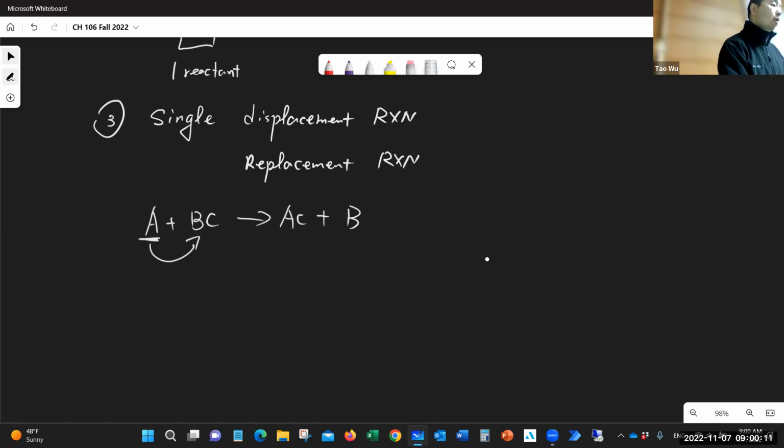So the typical thing in the single displacement reaction is that we have one element plus a compound, and then they are going to form another element and another compound.